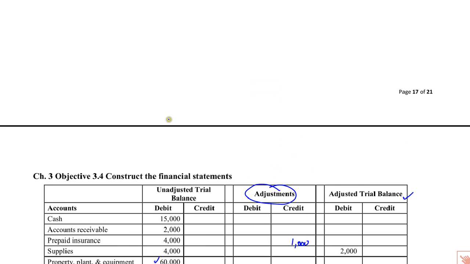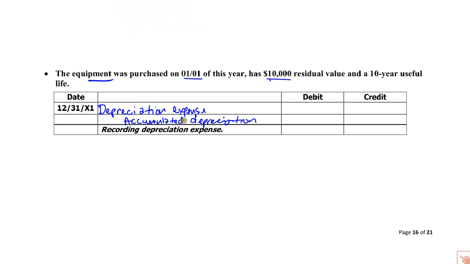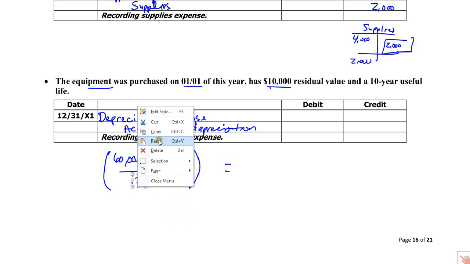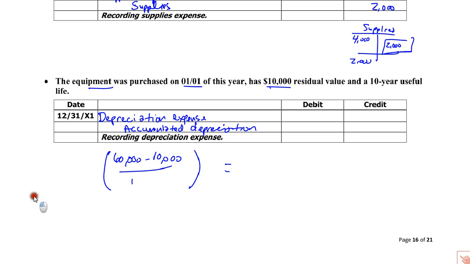$60,000 cost here. 60,000 minus 10,000, divided by 12, and it's out the full year, so we don't have to take a fraction of the year. So 50,000 divided by 12. Oh, what am I doing? $50,000 divided by 10.